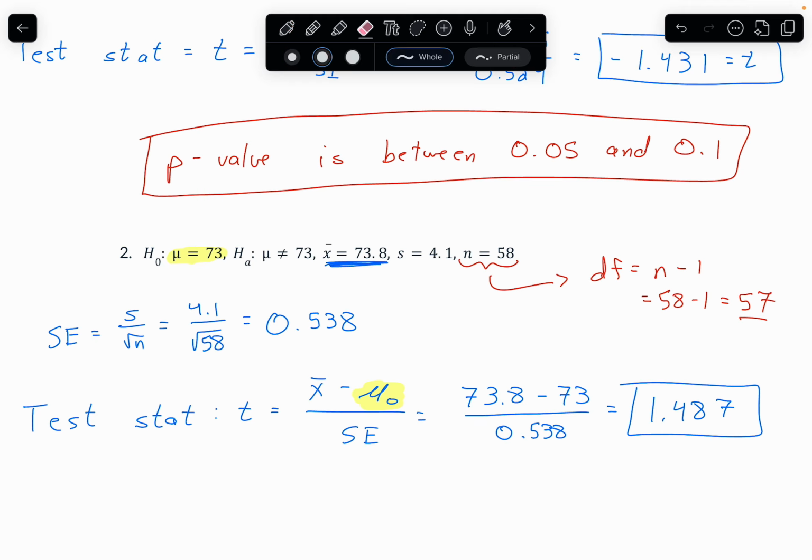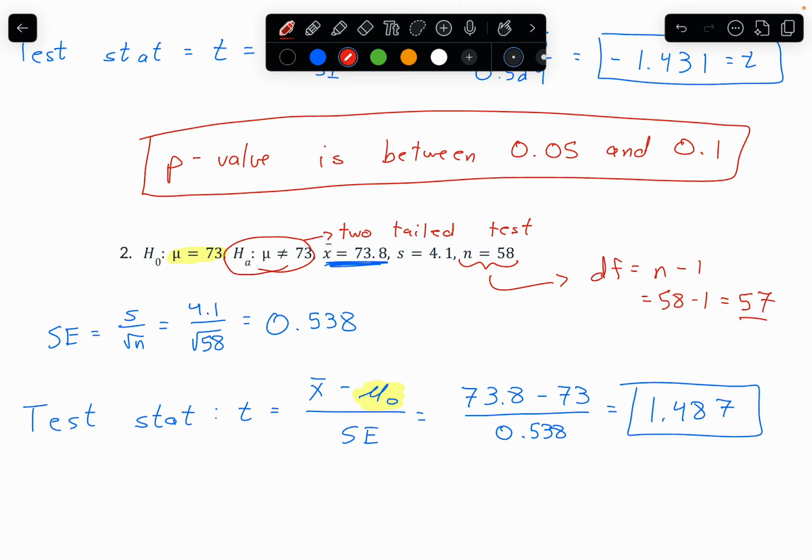The other thing I'm going to take a quick note of here is the type of test we're doing. Looking at my alternative hypothesis, this says mu is not equal to 73, which means that this is a two-tailed test. So this problem is a two-tailed test, which tells me what row of p-values I'm looking at in order to make that estimation.